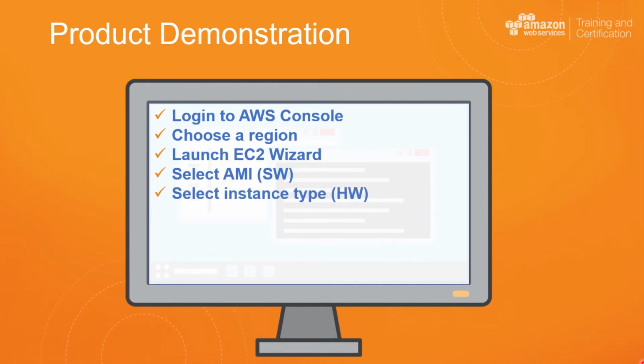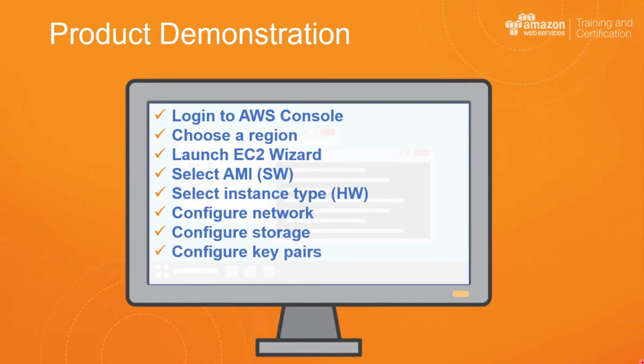Then we'll select the instance type referring to the hardware capabilities. Then we'll configure network, configure storage, and finally configure key pairs, which will allow us to connect to the instance after we launch and connect to it.